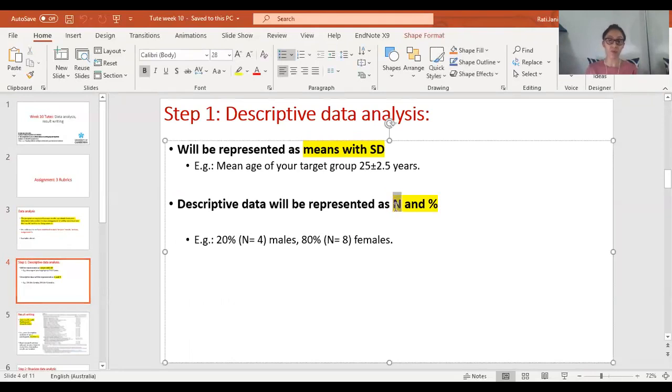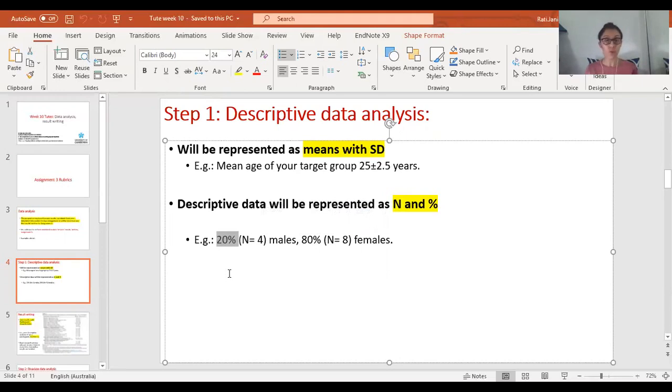Frequency is this n value. Okay, so frequency and n is the same. Okay, so means and standard deviation, this is how they are written. So this is what you will be calculating. And then as I said, this is called frequency, and obviously this is percentage. So this can be calculated on Excel, and this can be calculated most certainly on SPSS as well.